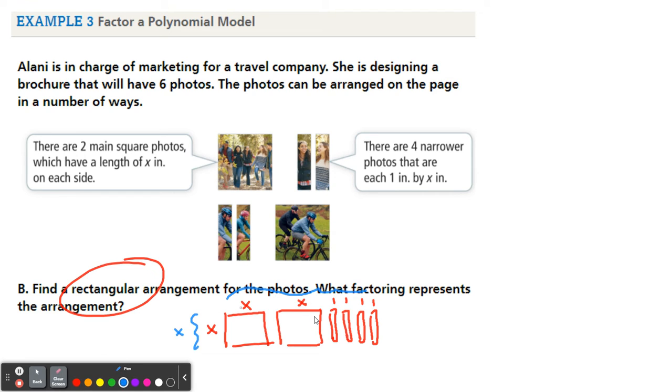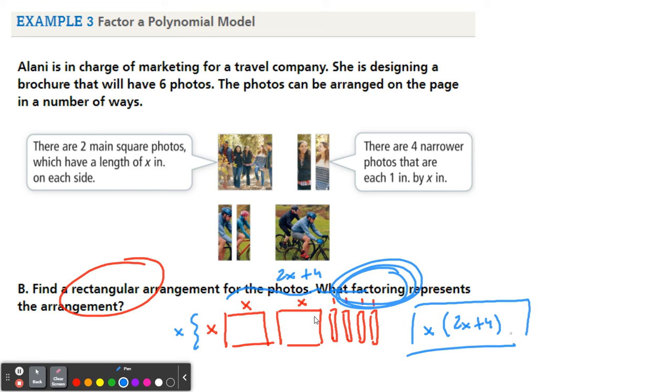So the overall dimension of this rectangular shape is 2x plus 4. Now, to find the area in the factored form, they just want you to multiply x by 2x plus 4. There's the factored form. And again, all we're doing is playing with different representations of the same problem.